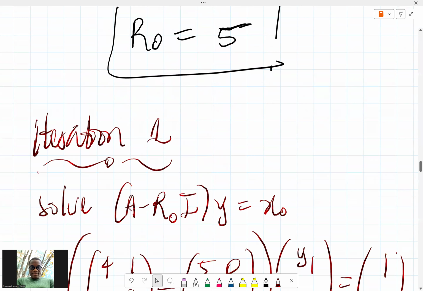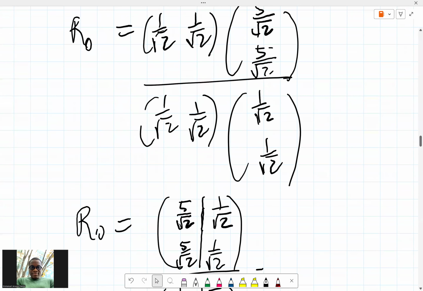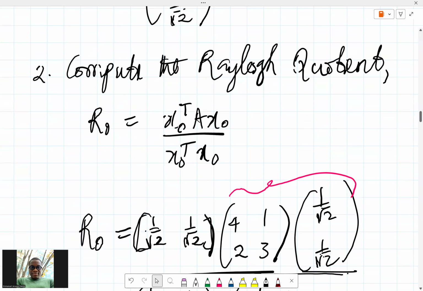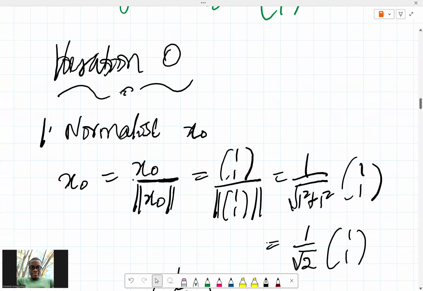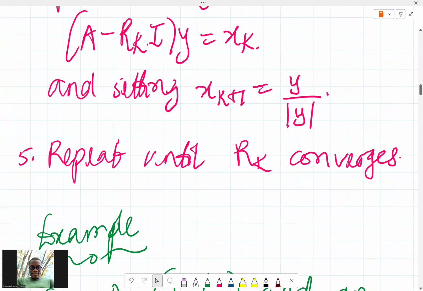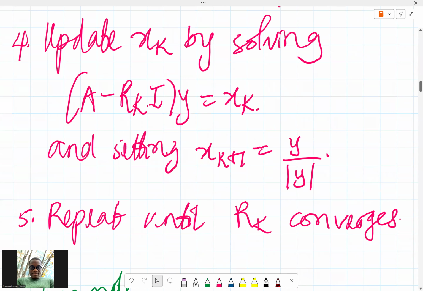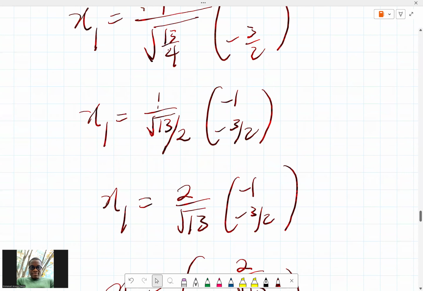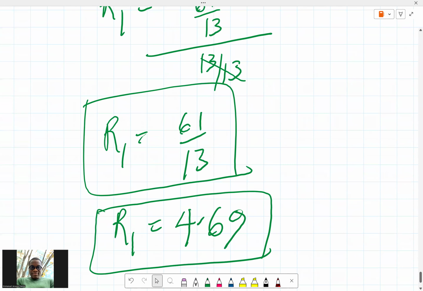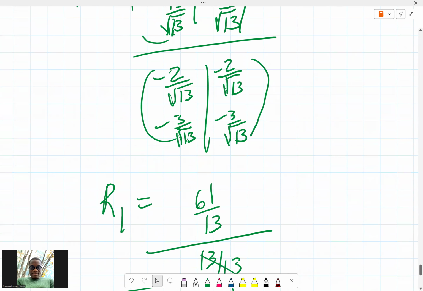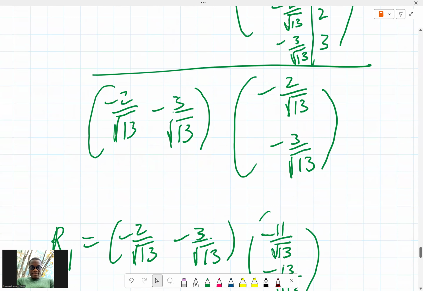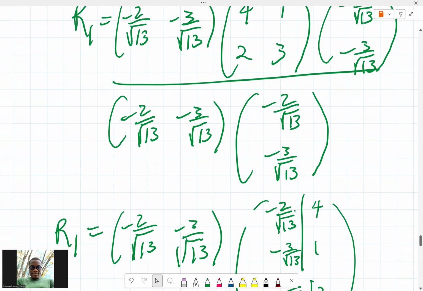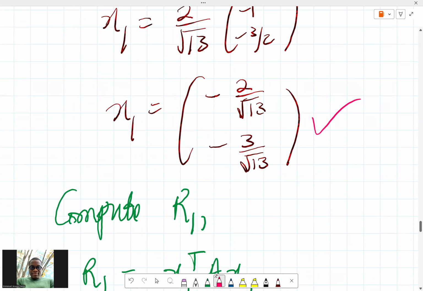So what would the eigenvector be now? Are we interested in the eigenvector in this case? The eigenvector will be x1, the x1 we got before, here. Yes, this will be the eigenvector now.